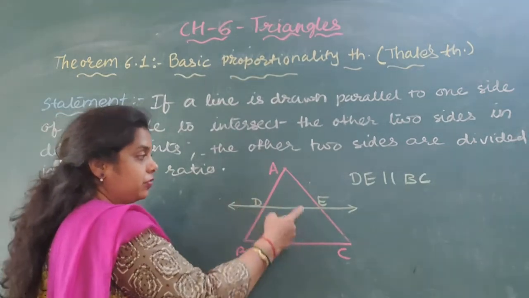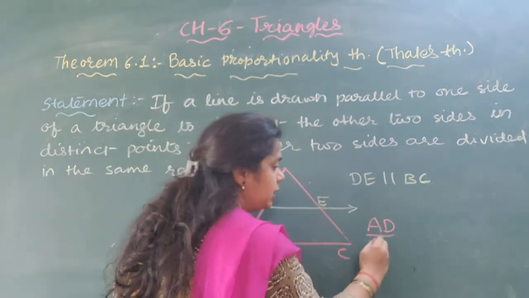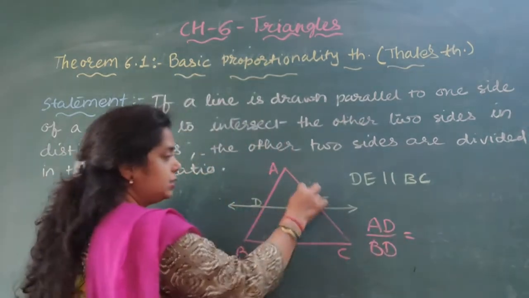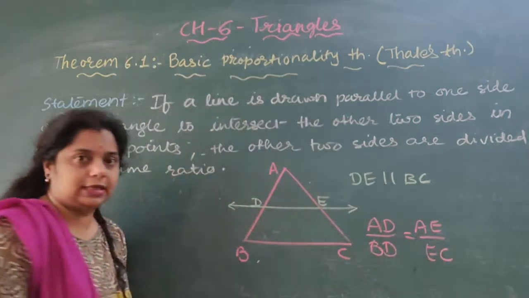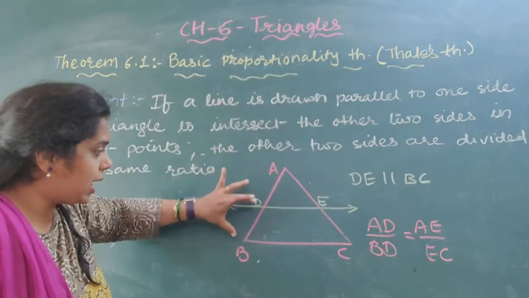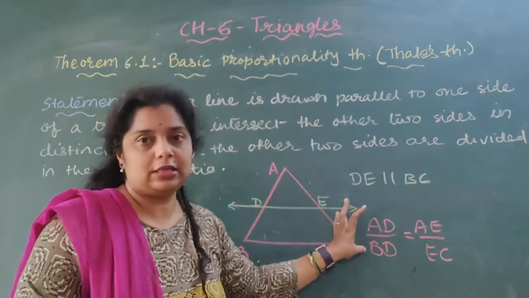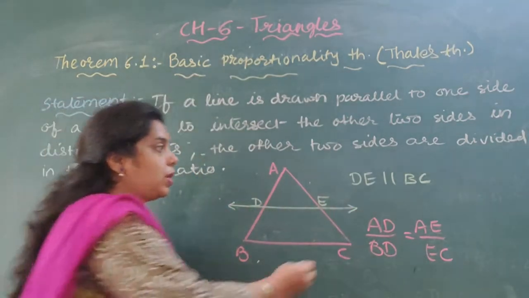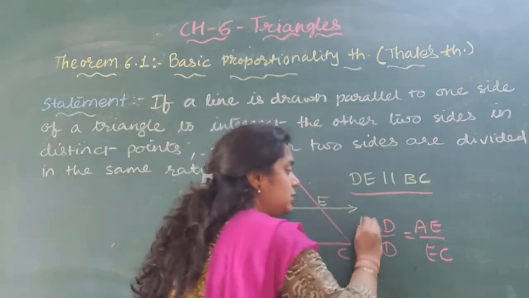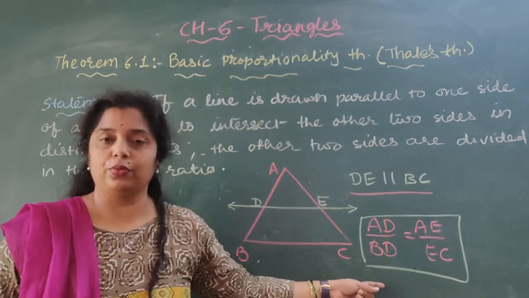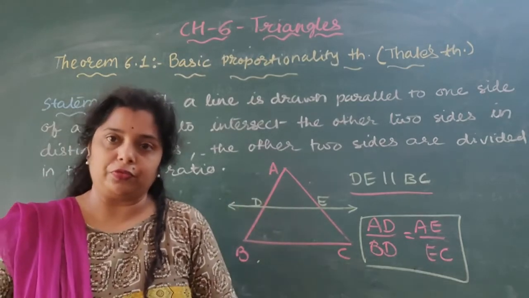It means AD by BD is equal to AE by EC. This is what is given in the theorem, and this we have to prove. Are you getting it? Now let's start its proof.